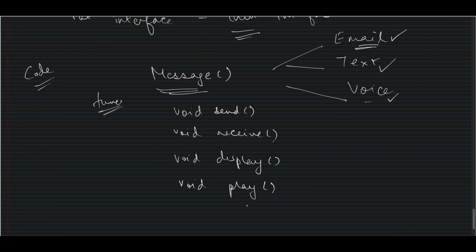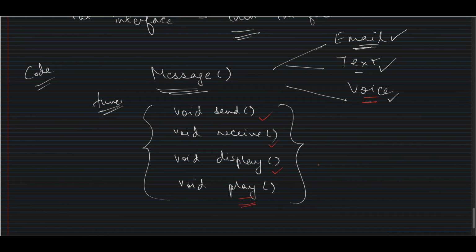Now here's the tricky part. In a Java interface, whatever methods you have, all your concrete implementations should be able to override them and provide a proper implementation. Email and text message will provide a correct implementation for send, receive, and display, but email and text can't be played.